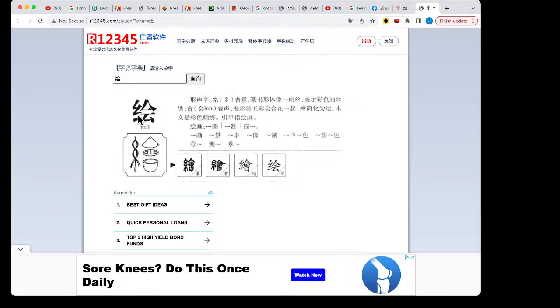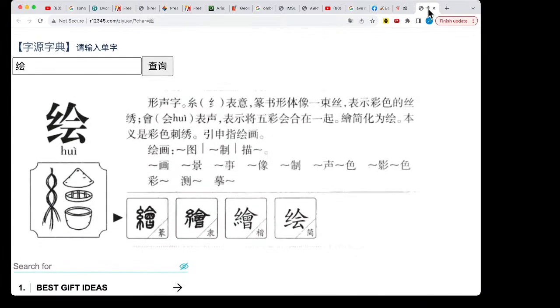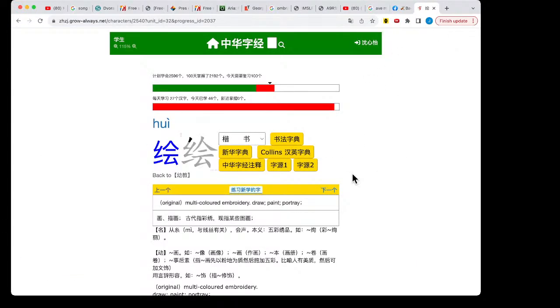So that means you're gathering different colors together, using the silk, colored silk. So that's the original meaning of this character. Later on, they extended it to mean just painting or drawing, anything. Okay, so hui.